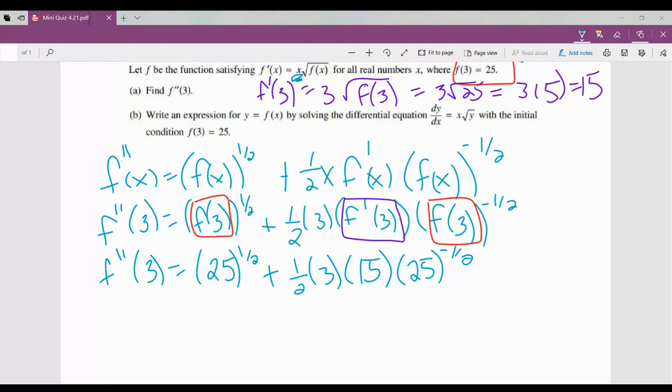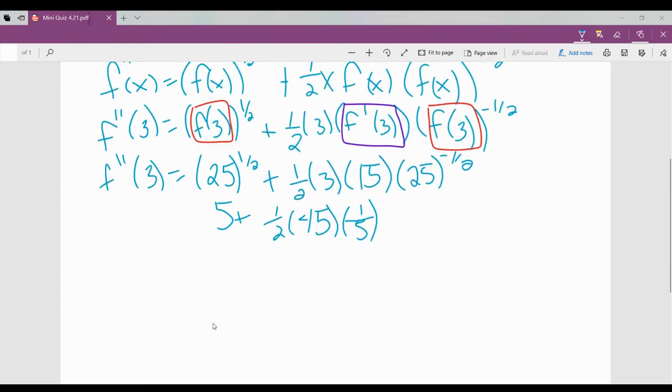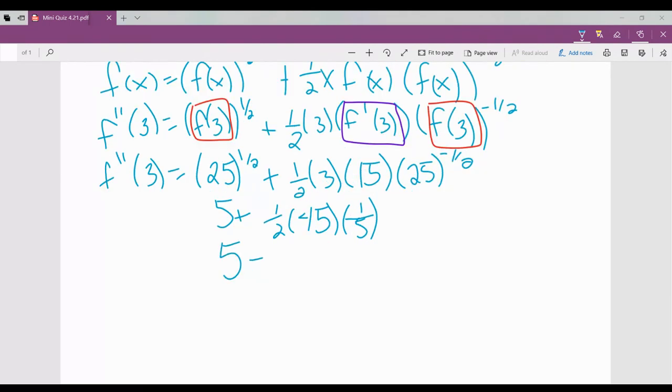So square root of 25 is 5 plus 3 times 15 is 45, so 1/2 times 45 times 25 to the negative 1/2. That's the square root of 25, which is 5, but then the negative says move it into the denominator, 1/5. All right, so we've got 5 plus, and then 45 times 1/5, that's going to be 9.